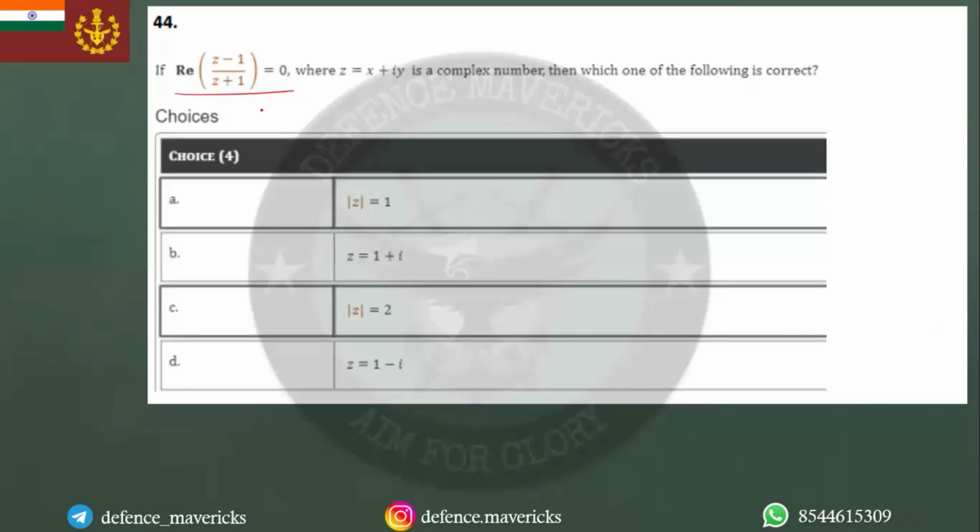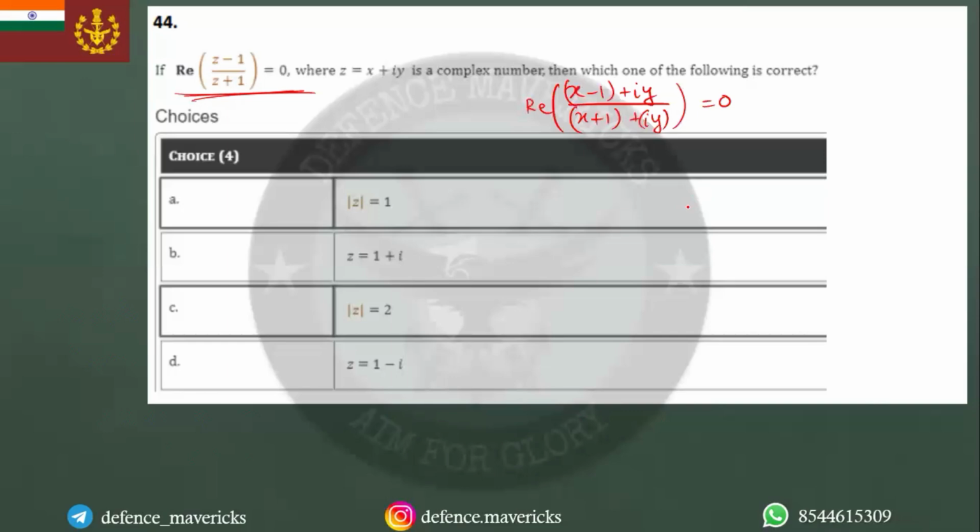So again the same type of question: real part of this is 0, then which of the following is correct. So let's try real part of (z minus 1) upon (z plus 1). पहले तो इसको लिखते हैं, (x minus 1 plus iy) upon (x plus 1 plus iy), and now you have to find the real part of it, then equate it to 0. अब तुम्हें ऑप्शन नहीं है, you will have to do some rationalization, है ना, because you need the real part. तो rationalization के लिए क्या करोगे, denominator का conjugate multiply करोगे.